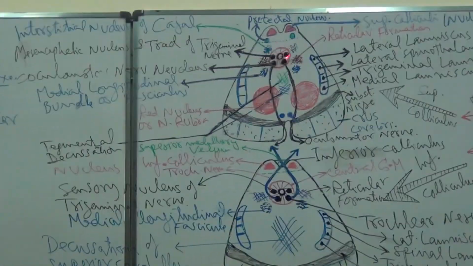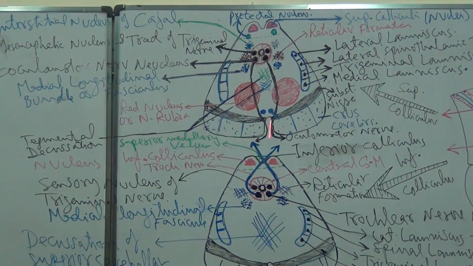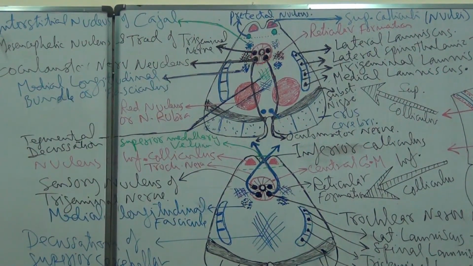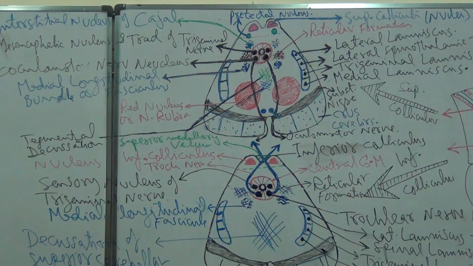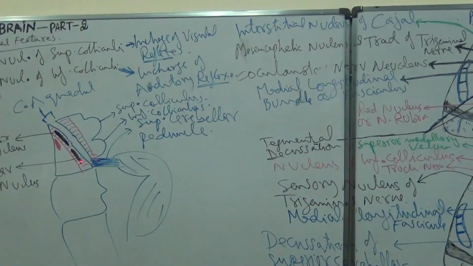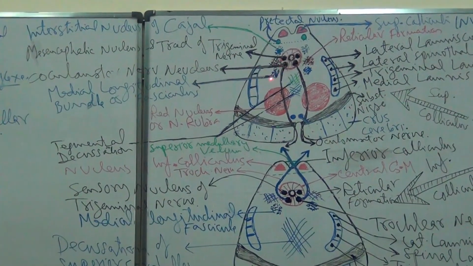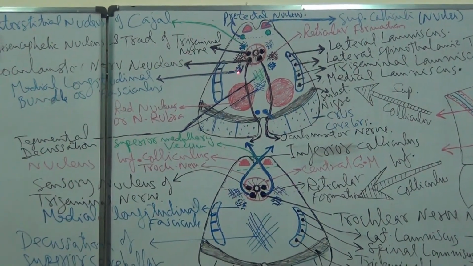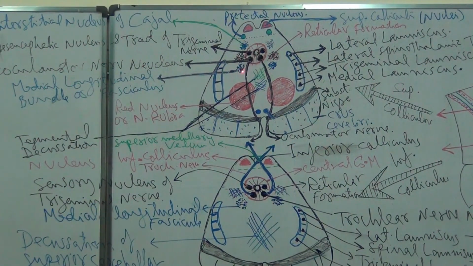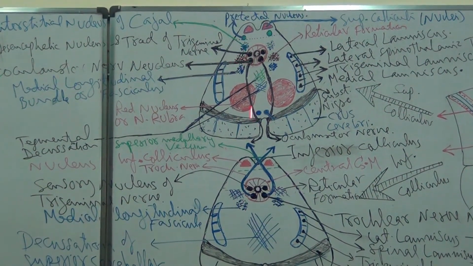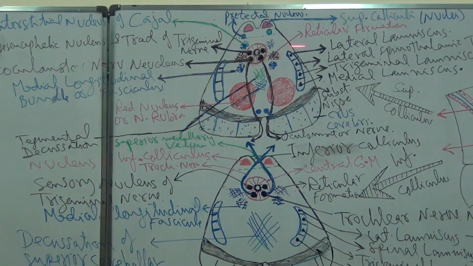Another structure, the central gray matter, covers the cerebral aqueduct and continues from the upper half of the midbrain to the lower half, following the cerebral aqueduct. Next, the medial longitudinal bundle also traverses the whole midbrain, upper half and lower half. The reticular formation also traverses the whole midbrain. No structural differences.